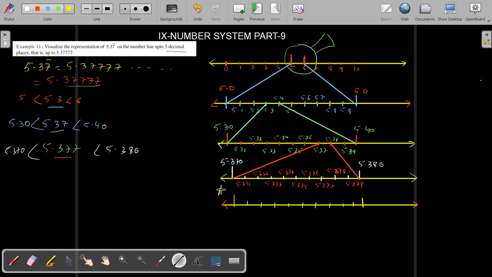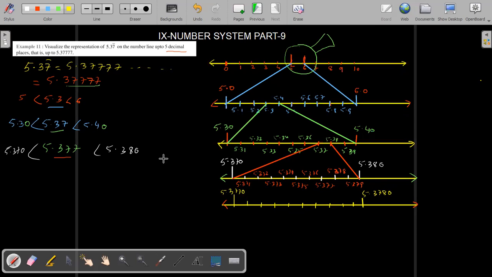So we will write 5.377. 5.3770. Then this will be 5.37770.